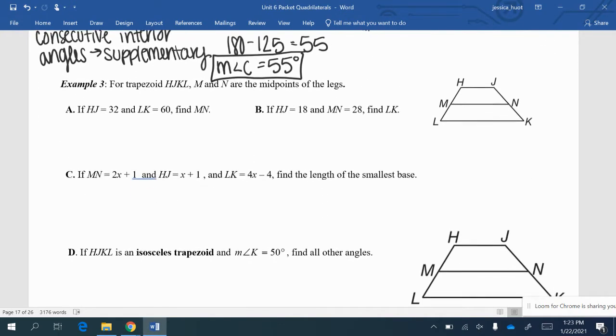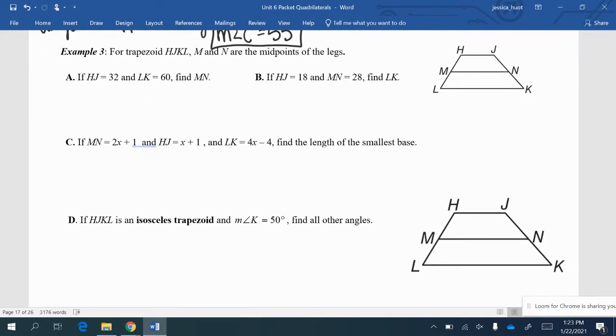So for example 3, for trapezoid HJKL, M and N are the midpoints of the legs, so that's this segment right here. If HJ is 32 and LK is 60, find MN. So this is what I was saying above. The mid-segment is 1/2 the base plus the base.